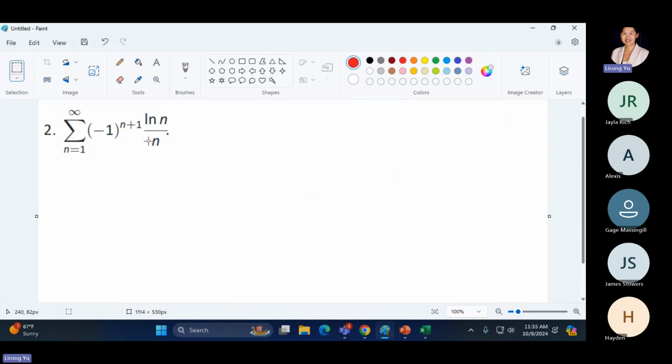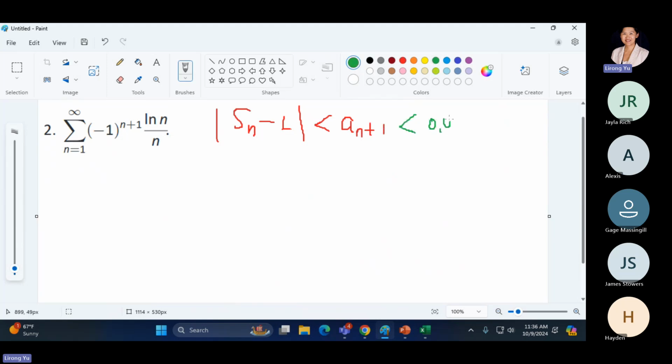All right, so we repeat the same process for the second question. You will use the theorem saying Sn minus L, which is the limit value, is less than a(n+1). And we want the error to be smaller than 1 out of 1,000. Now, this is the inequality we have to solve in order to answer the question about n.